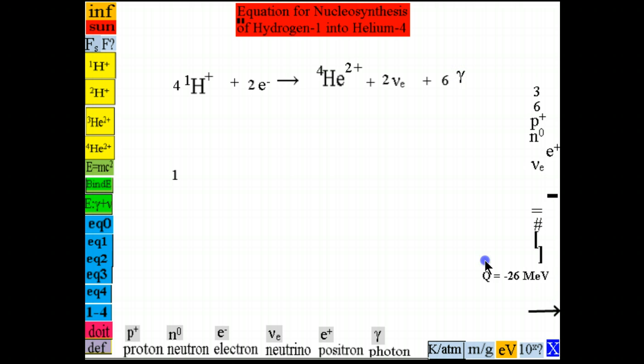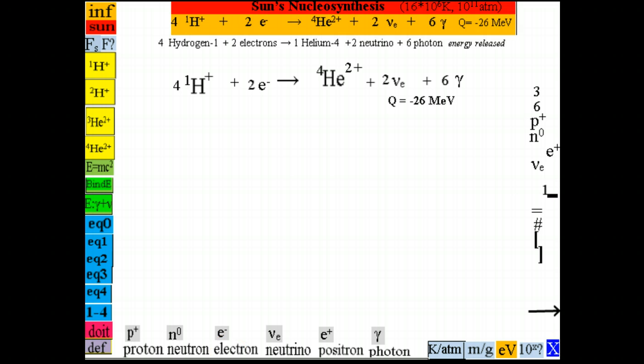And this releases energy which is incorporated in the neutrinos and the photons. So I think I did this correctly. If you could do that at home, this would be called cold fusion, but it would not work.